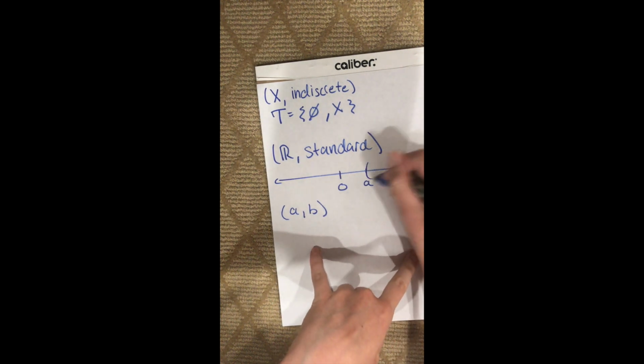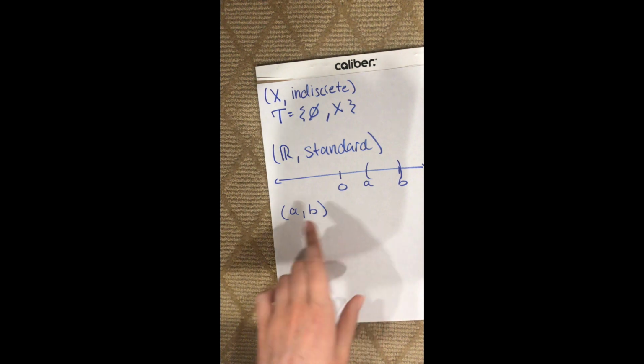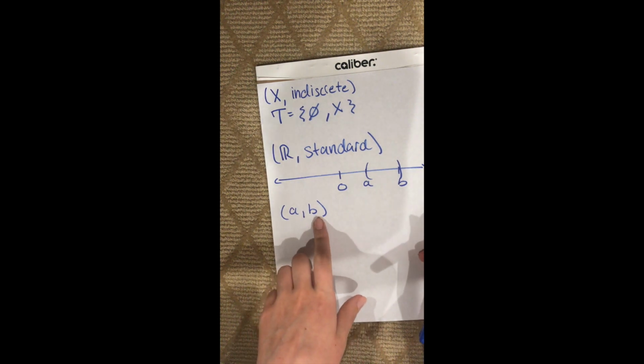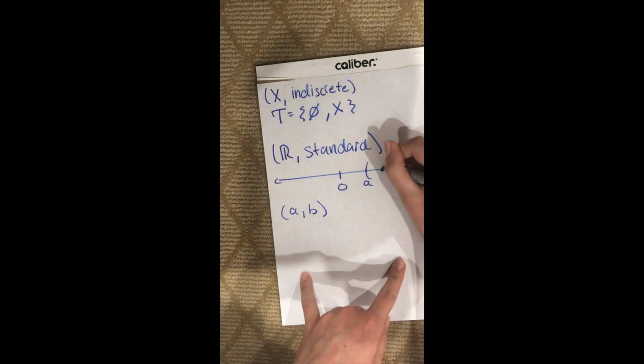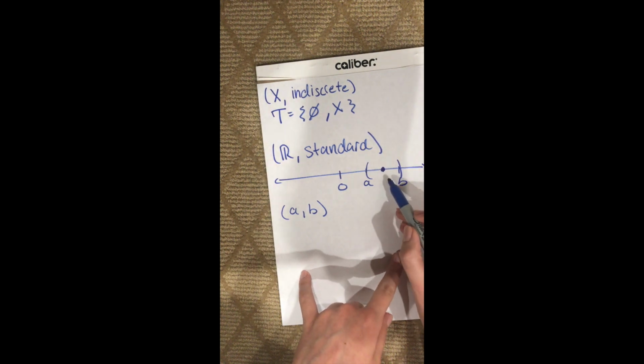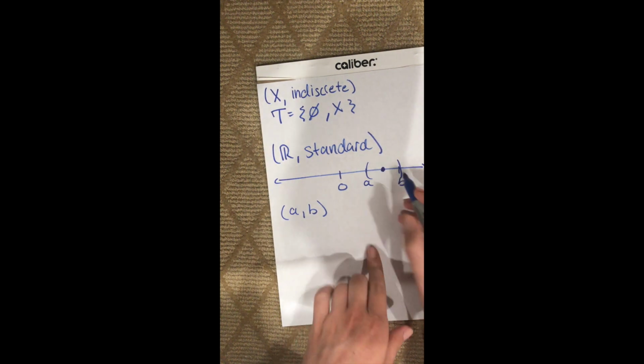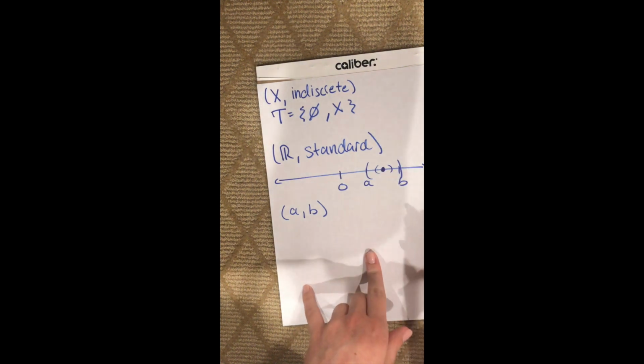So for an open interval around here, A isn't in this set and B isn't in this set, so we just have to test other points. To give you an idea, that's some random point in this set. We can draw an interval around it. The interval is contained in that set.